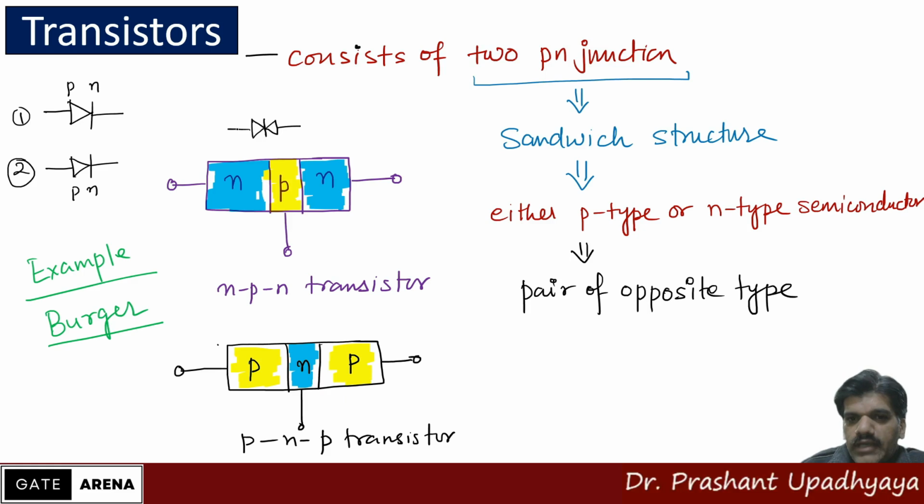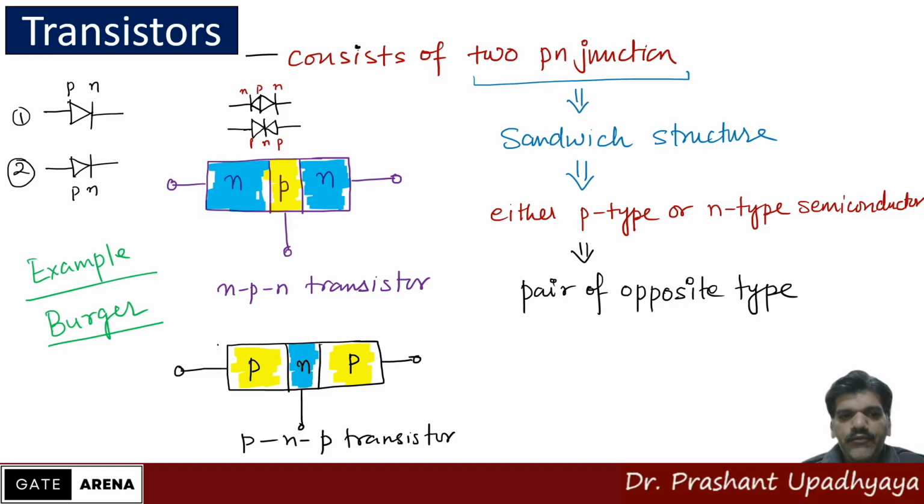It is not actually like this, but for understanding we are just representing it like this. Or we can draw a combination like this: this is my p and p, and this will be my n, p n. So it will be forming a transistor.